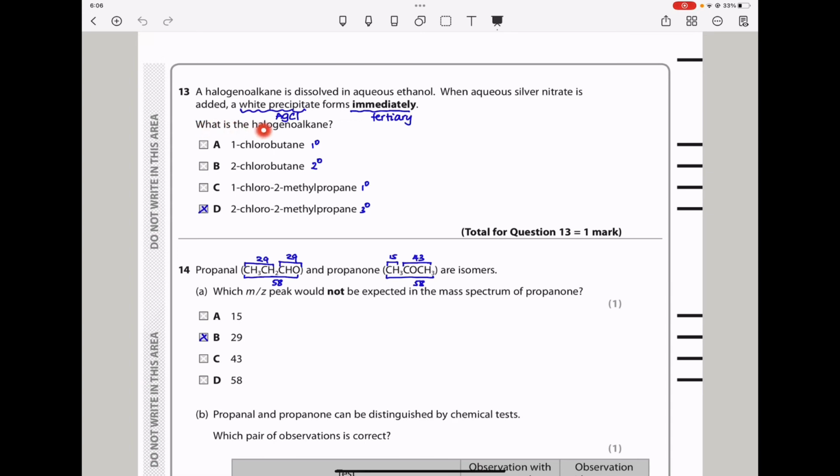So they asked which is the halogenoalkane. If we look at 1-chlorobutane, this is a primary halogenoalkane. 2-chlorobutane is a secondary halogenoalkane. 1-chloro-2-methylpropane is a primary halogenoalkane. And then 2-chloro-2-methylpropane, this is a tertiary halogenoalkane. So our answer is going to be D.